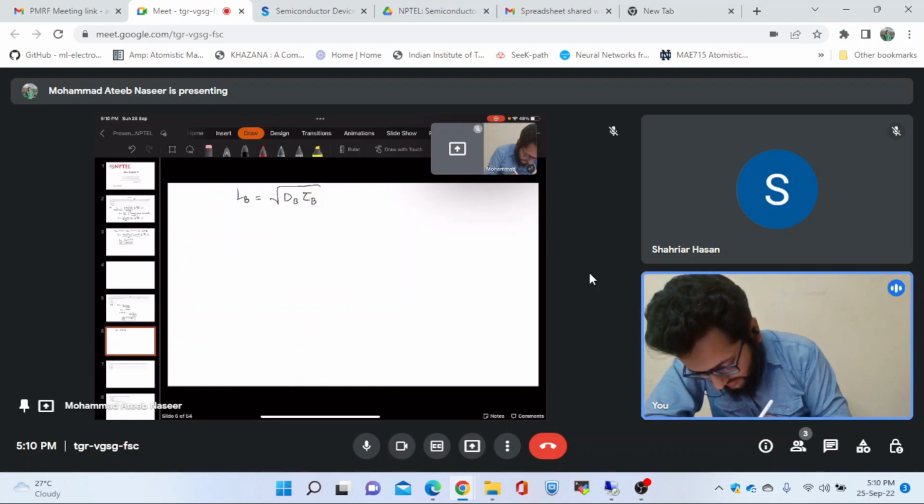So this LB will simply be 10 into 10 raised to the power minus 7, or this will simply be 10 to the power minus 3 centimeter.